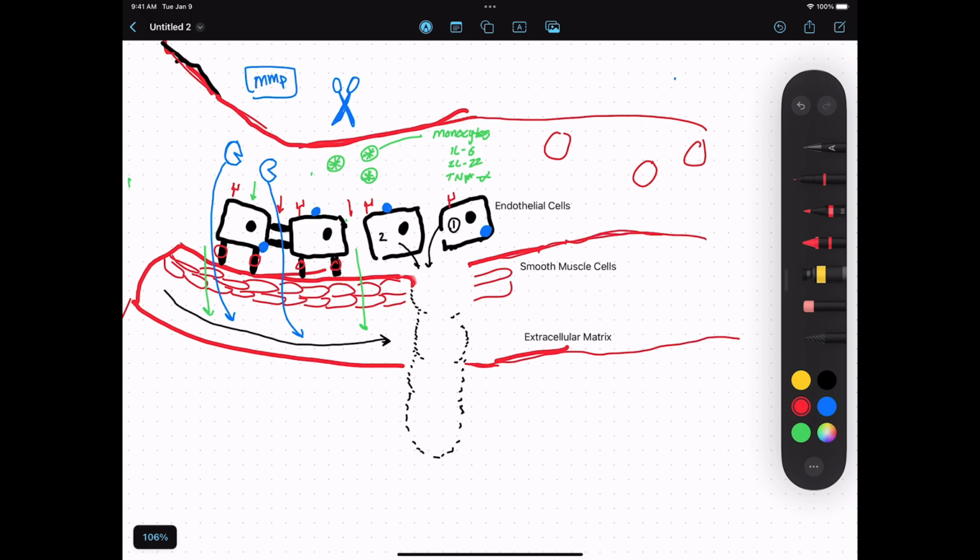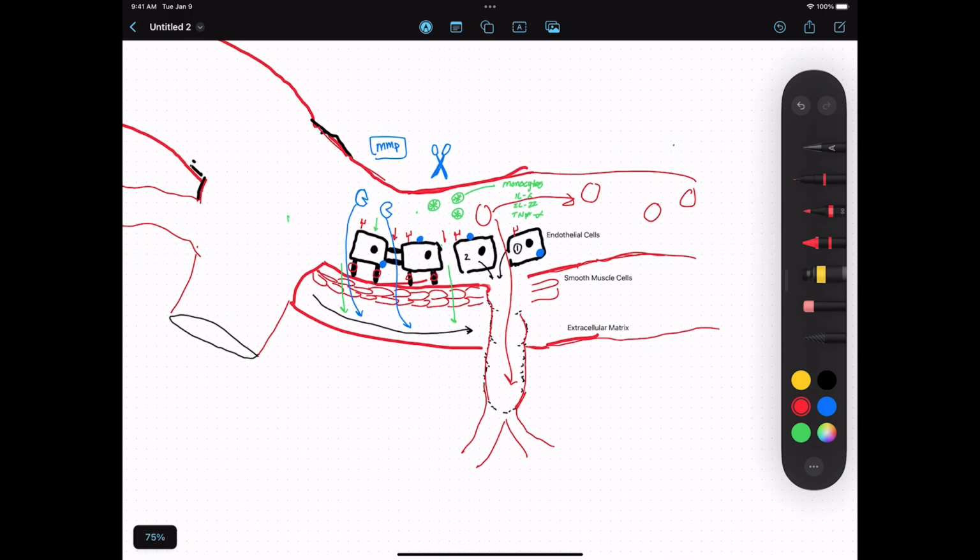Now this sprouting will create a second vessel, and that second vessel can begin to branch, and we can have more blood. So now the red blood cells are capable of not only going this way, but also coming this way. And that is how the MMP and the inflammation assist with that entire process.